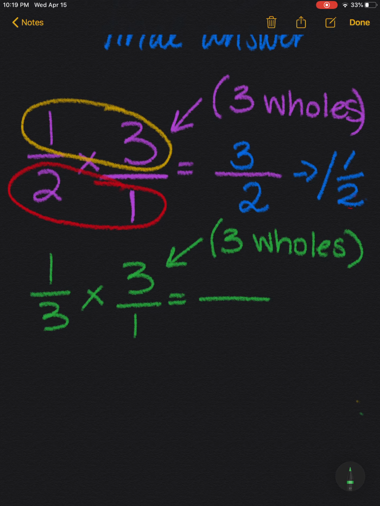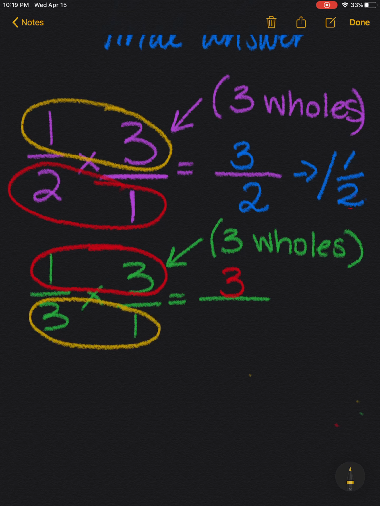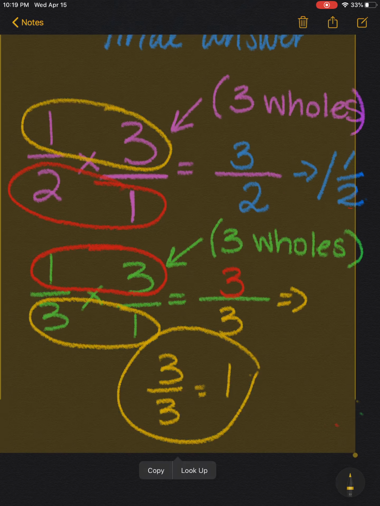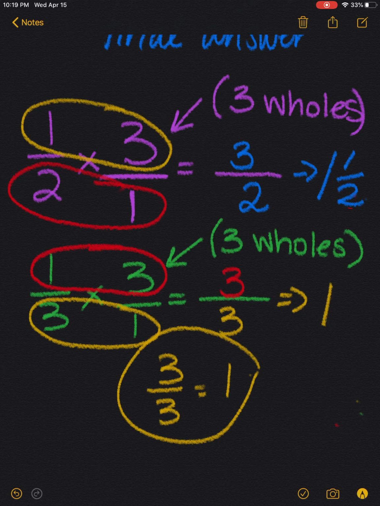So let's try this together. We multiply the numerators. 3 times 1 is 3. Then we multiply the denominators. 3 times 1 is 3. So then, 3 over 3 is equal to 1. So this is just 1.